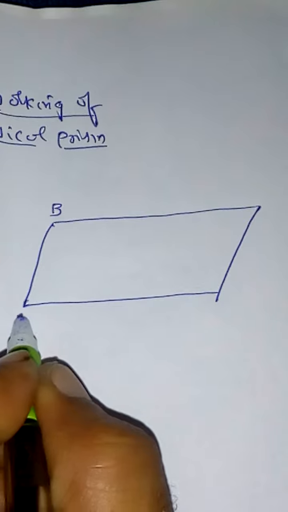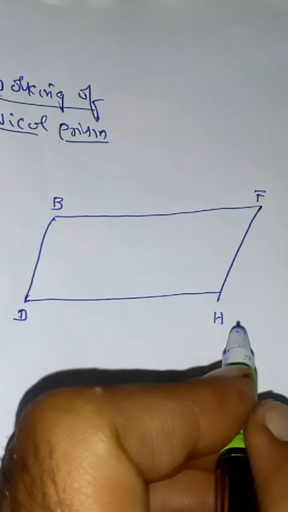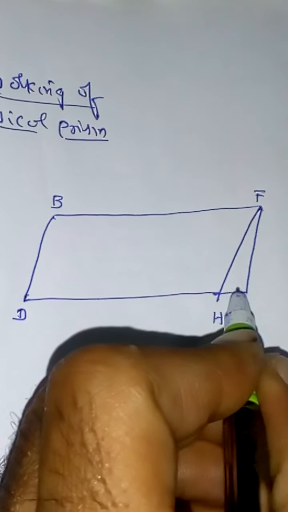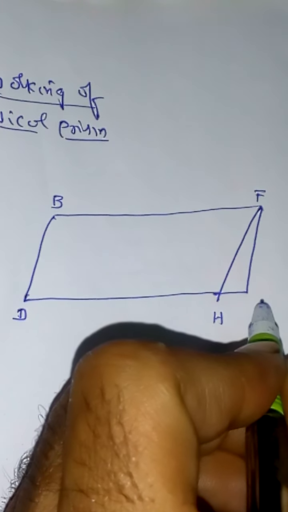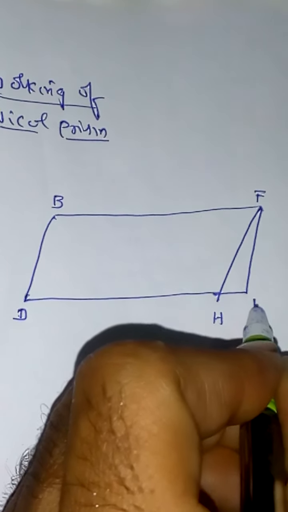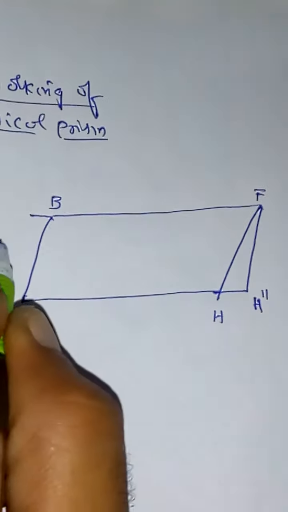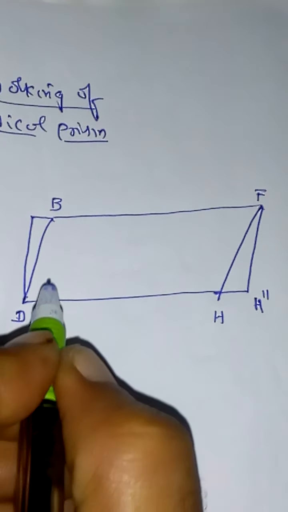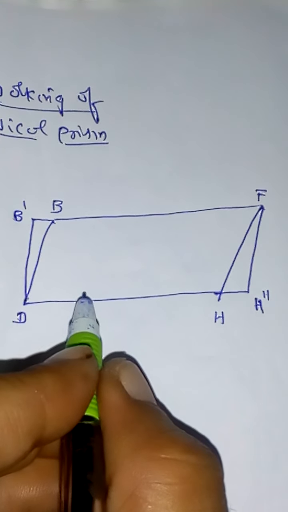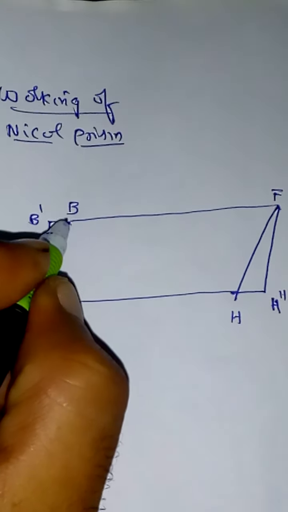Called as DDFH. Extend that. Called as H double dash. This is double dash or single dash, whatever it is. It is B dash. So this is the optical axis.